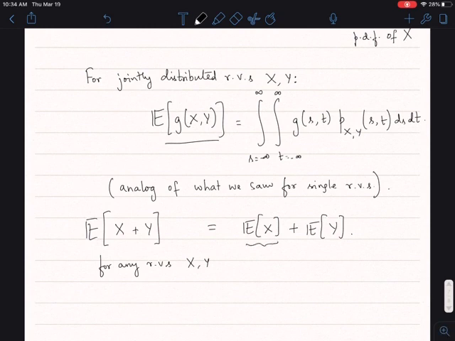So what does it mean, the expected value of x alone? This just means taking expectation according to the marginal distribution.